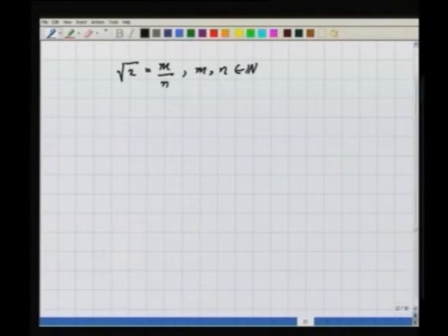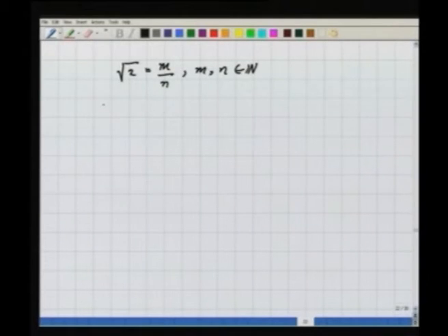That is, I will assume that √2 is a rational number, and I will try to get a contradiction out of it. So, if I assume √2 is a rational number, then I can write √2 equals m/n, where m and n are natural numbers, and I also assume that m and n have no common factor, because if there is a common factor between m and n, I can certainly cancel those factors.